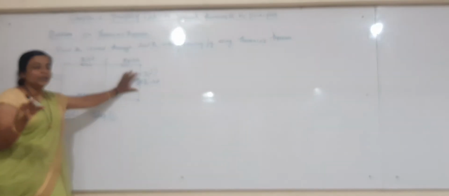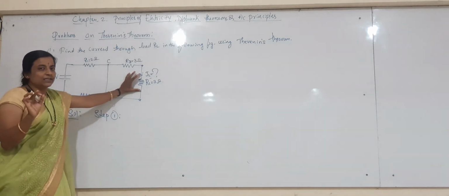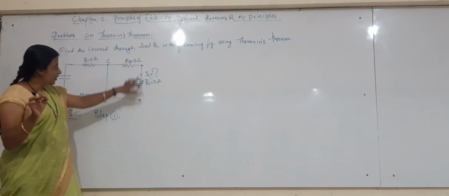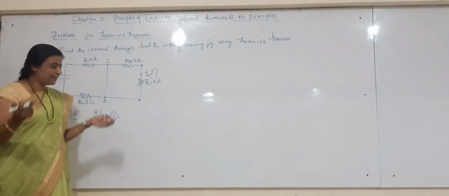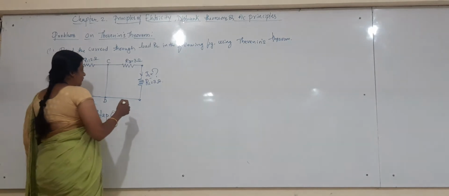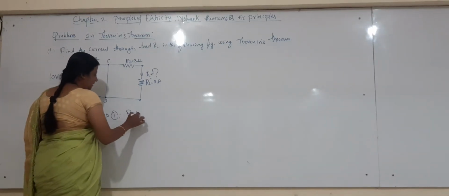After removing the load resistor, name the removed terminal points with suitable notations like A and B. So here, first RL is removed.